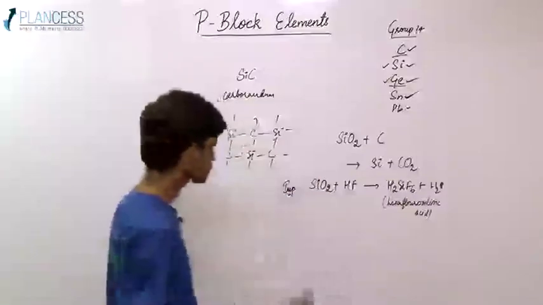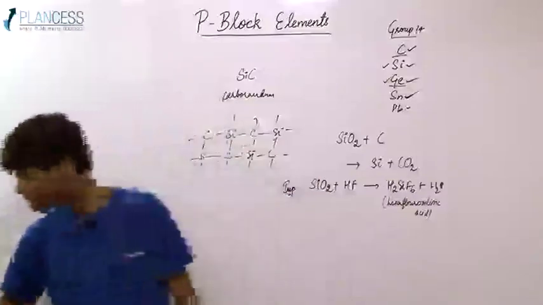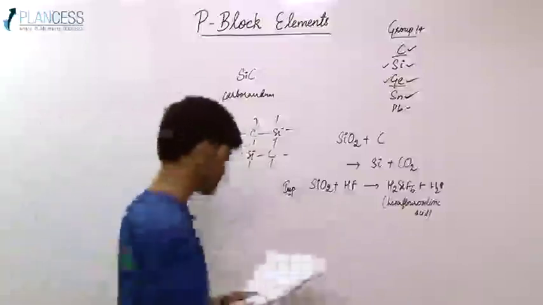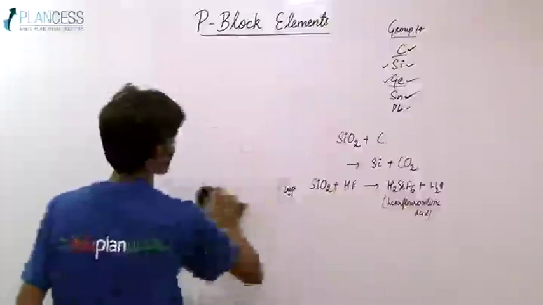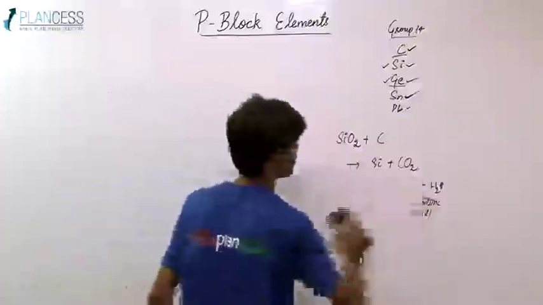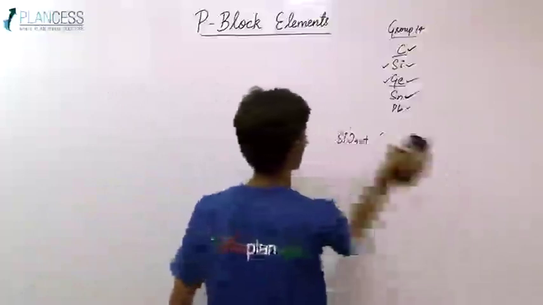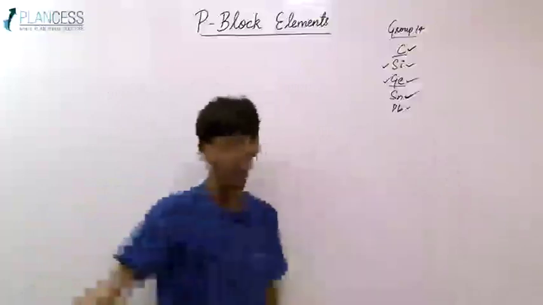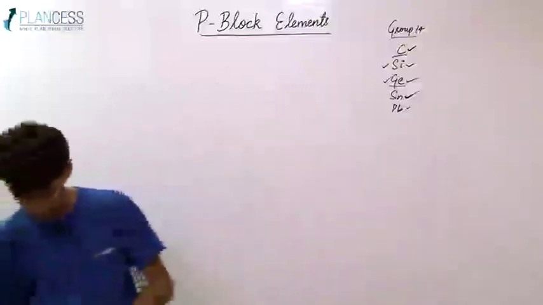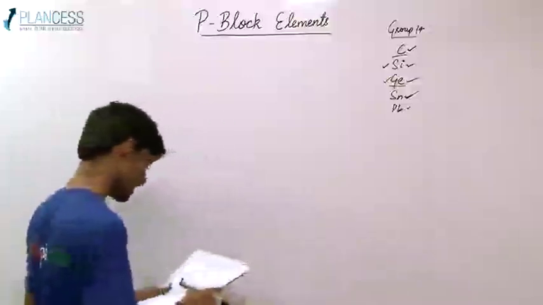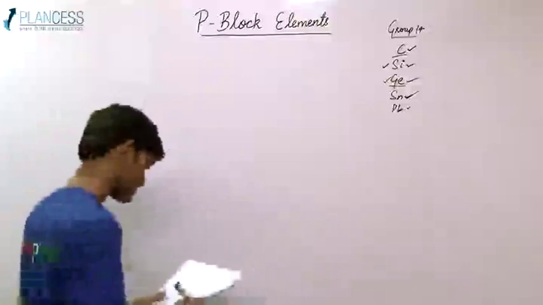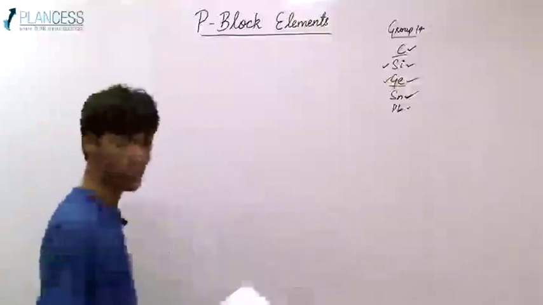Now talking about the compounds of silicon, the first compound would be SiO2. SiO2 is an oxide of silicon, silicon oxide, and the Si-O bond has a very high bond enthalpy. The Si-O bond is very strong in this case, so it resists attack by halogens, dihydrogen and most of the acids. However, it is attacked by HF and NaOH.